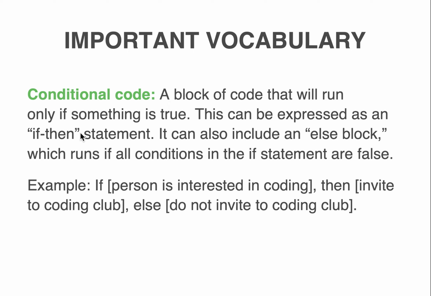If the answer is true, the if block will be executed. If the answer is not true, the else block will be executed. Here is an example. If a person is interested in coding, meaning yes, invite him to the coding club. Else, meaning no, he is not interested, do not invite him to the coding club.